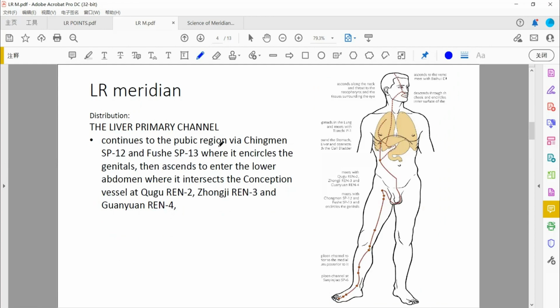Continues to the pubic region via, is it right? I think it's wrong. Let's change it.